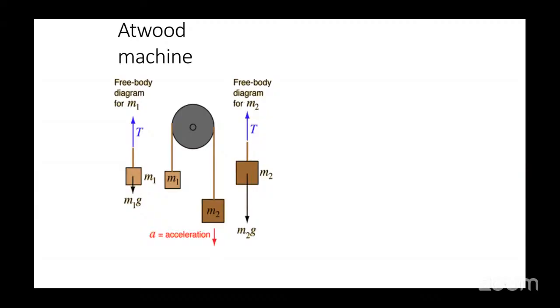We have mass 1 on the left, mass 2 on the right. And just looking at the diagram, we can see that mass 1 is less than mass 2. And that shows why mass 2 is moving downward and mass 1 is moving upward.